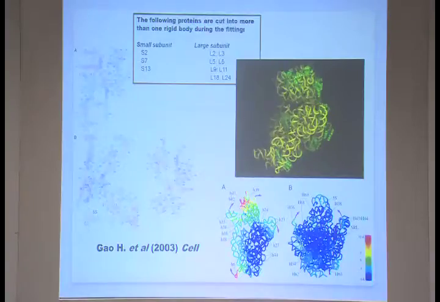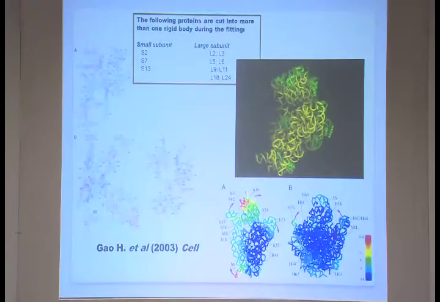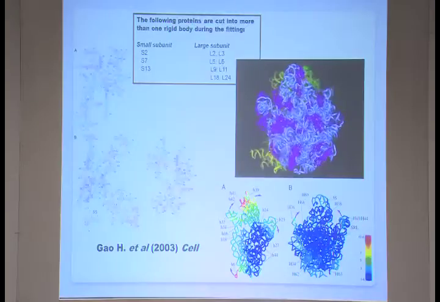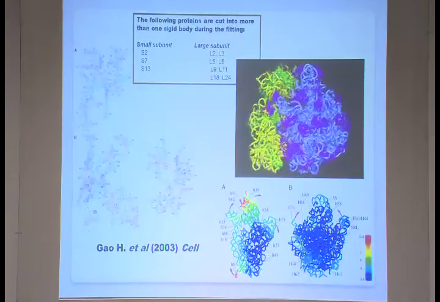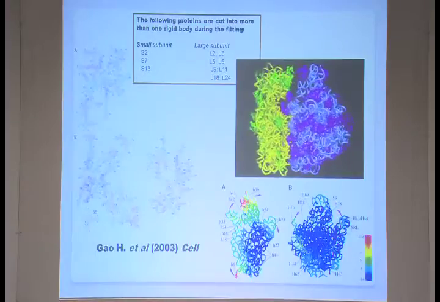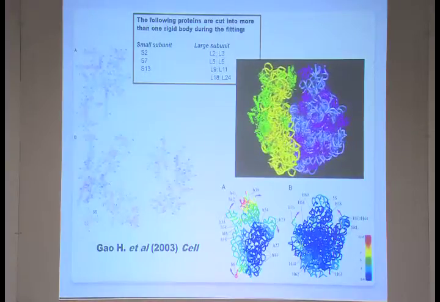Definitely it's not giving you the most accurate atomic structure, but it could tell you something at the quasi-atomic level. It was actually used for two maps: elongation factor G bound and unbound ribosome, where the elongation factor binds and induces a very big change, called the ratchet motion.